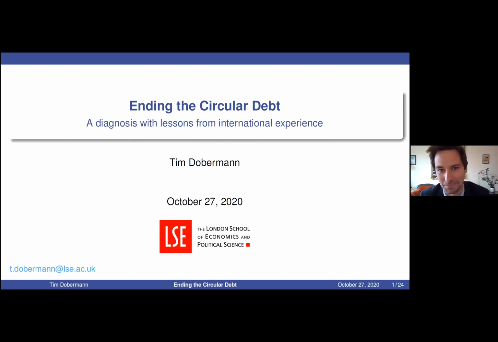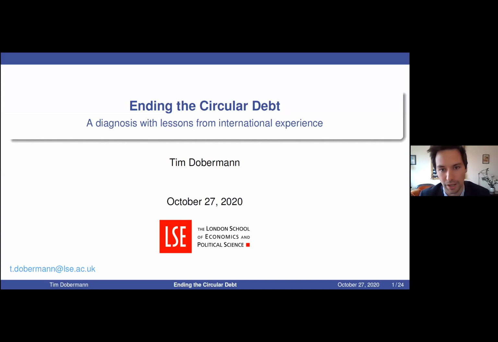circular debt in Pakistan. But instead, what I want to do today is talk about a more conceptual approach to thinking about the issue based on experience from the academic and policy world across the world, thinking about what makes an effective energy sector, what you need to do to address some of the root challenges that we see not only in Pakistan, but elsewhere.